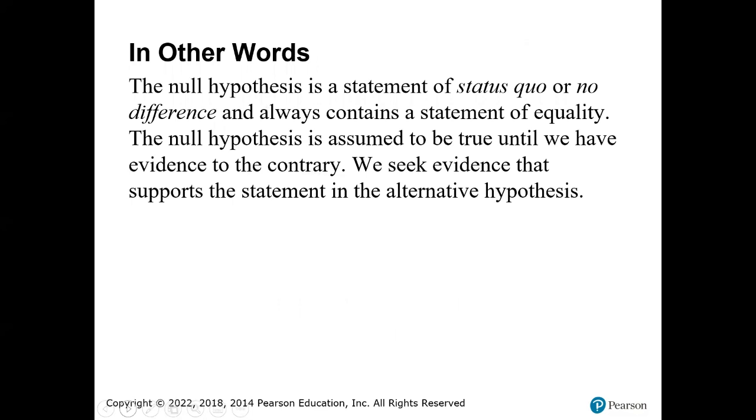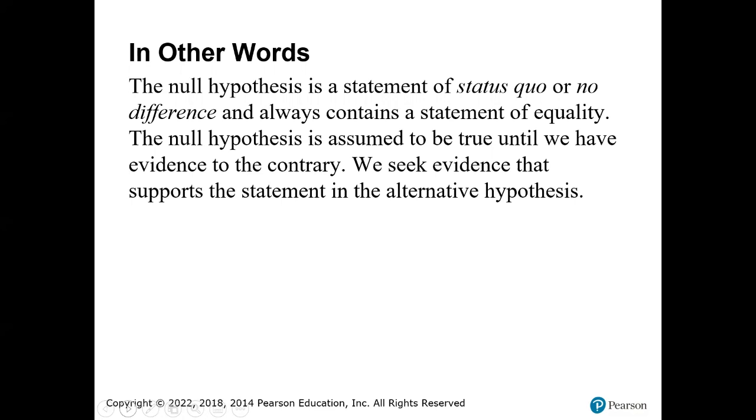In other words, our null hypothesis is a statement of status quo or no difference. It always contains a statement of equality, all right? It's always going to say p equals some number, or mean equals some number, or standard deviation equals some number. Always going to be in the form of an equals to. The null hypothesis is always assumed to be true unless we have enough evidence to claim the contrary.